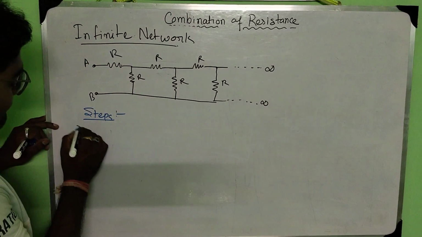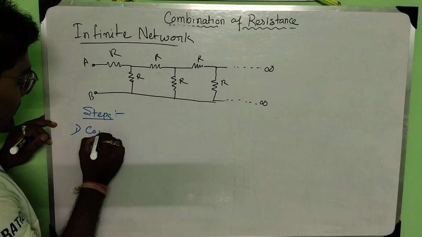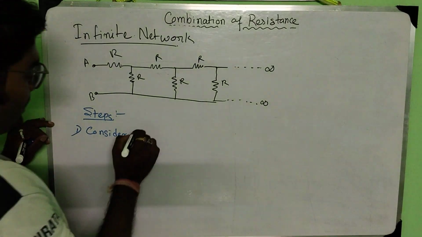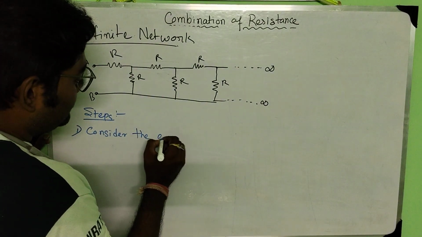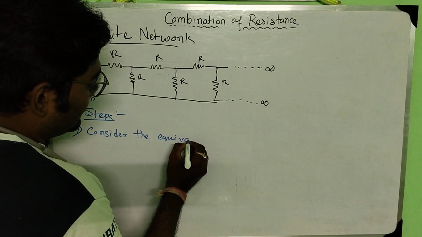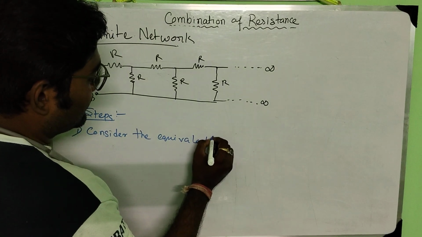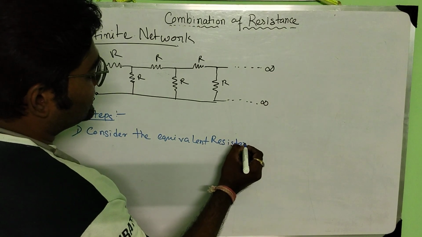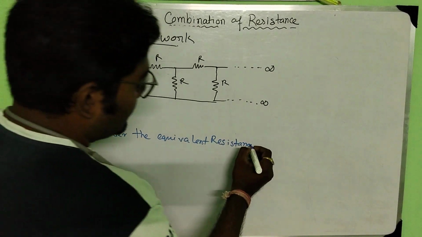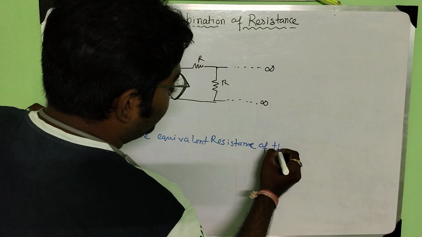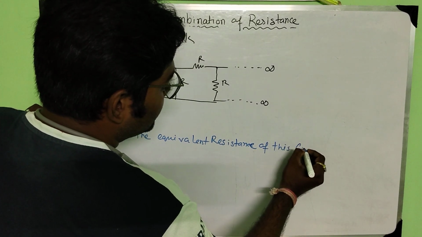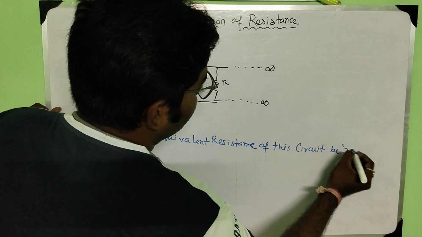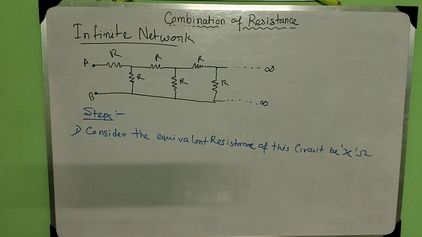First step is that we have to consider the equivalent resistance of this circuit to be X ohm.